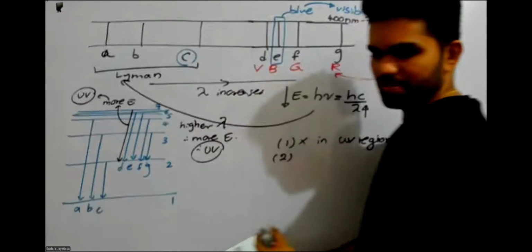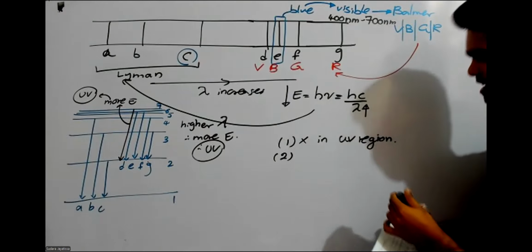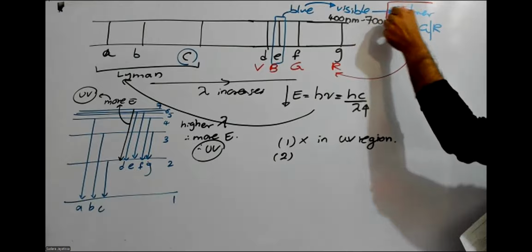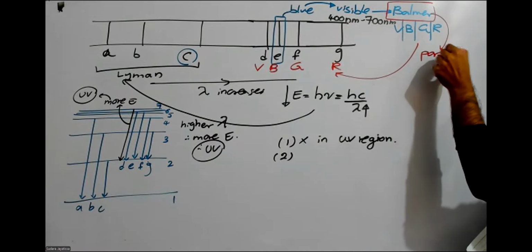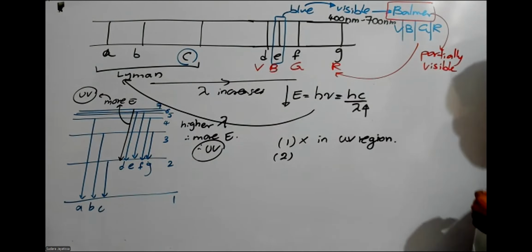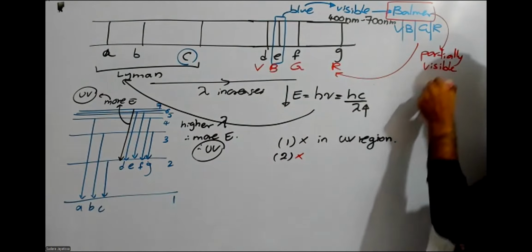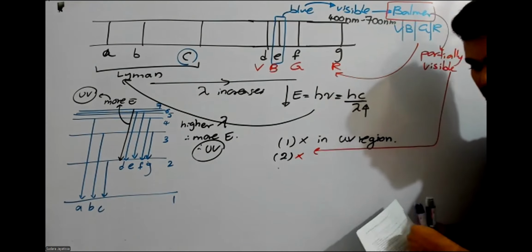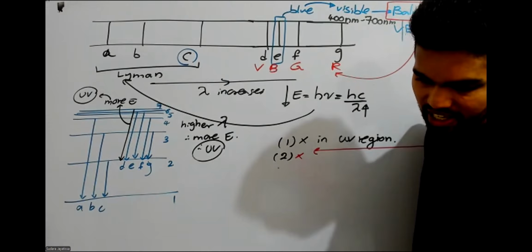So actually that also belongs to the Balmer series, right? You have to understand, Balmer series is actually partially visible. So telling all lines that are there in the visible region is incorrect. It is partially visible. Understood that? It's a good question. Most students are selecting that as an answer.